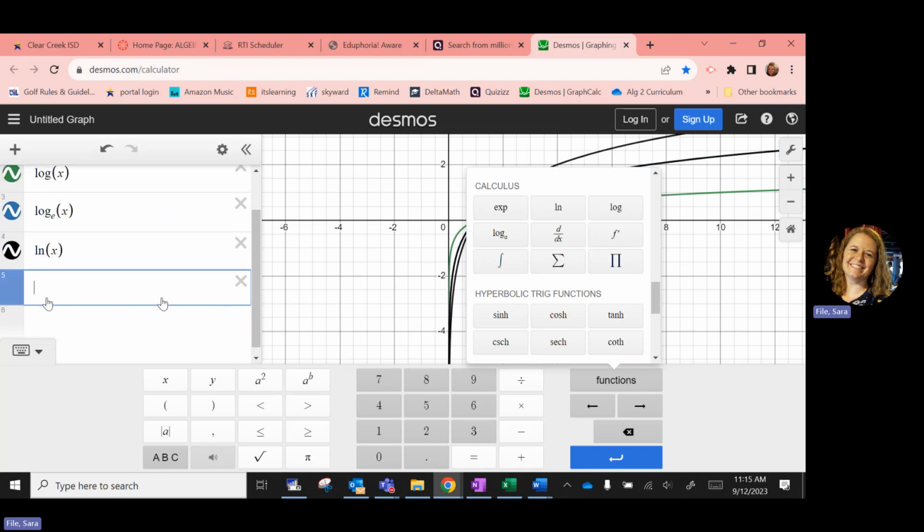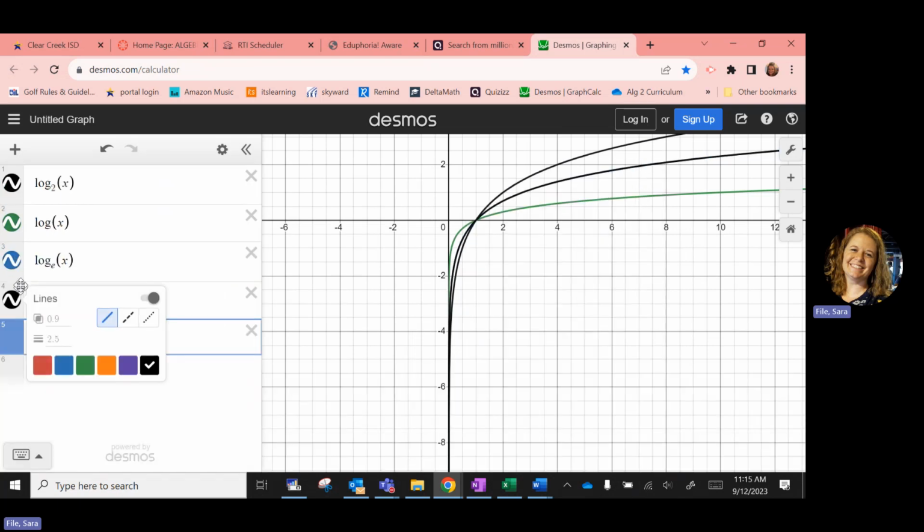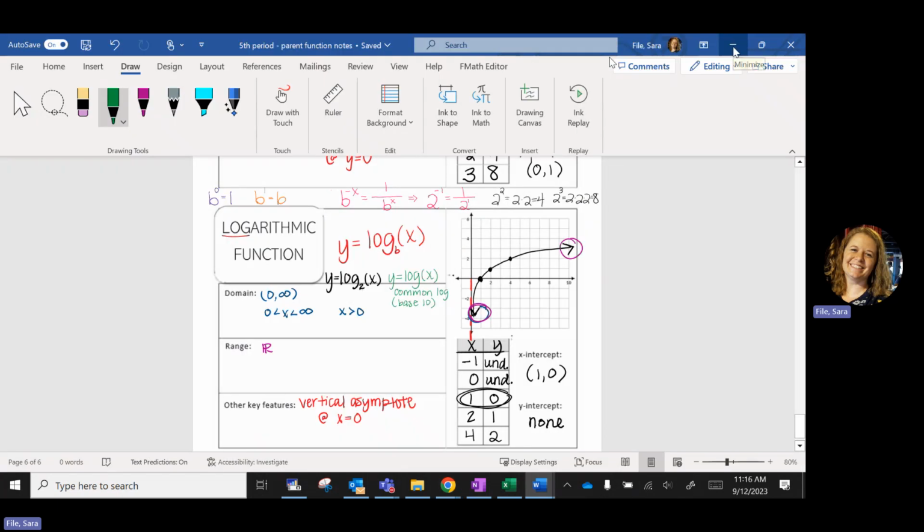Let me put that in a different color here. So you can see the orange and the blue. If I turn the orange off, the blue is right under it. Because ln of x or log base e of x, those mean the exact same thing. And this is much quicker to write. Okay, so we call that our natural log. So I just wanted to point that out to you.